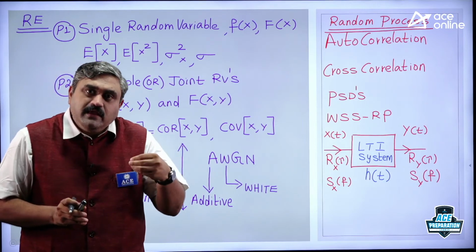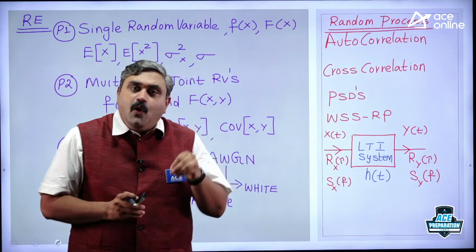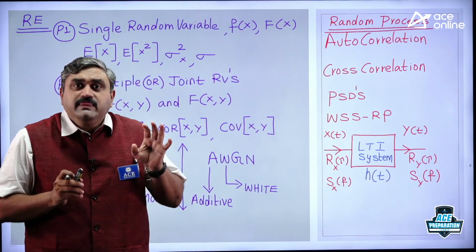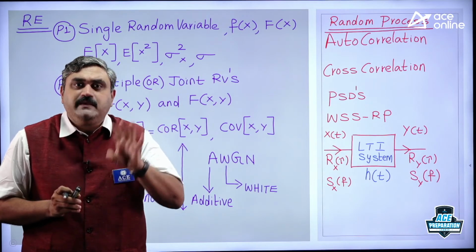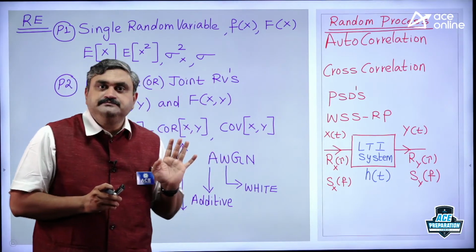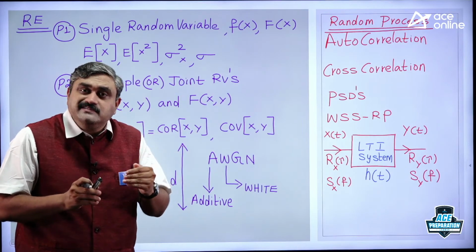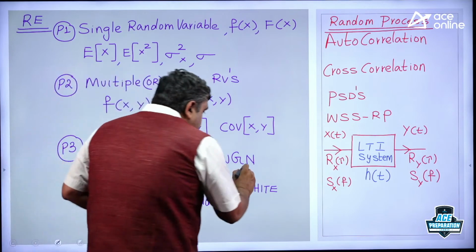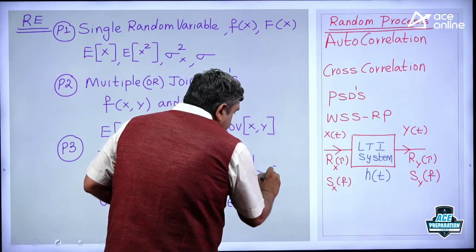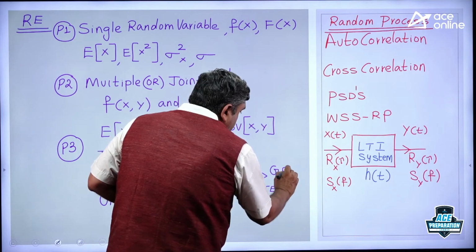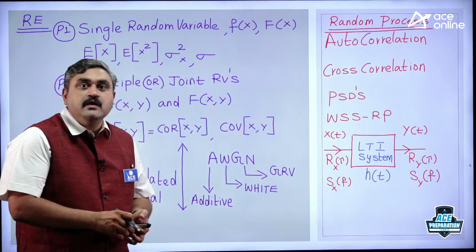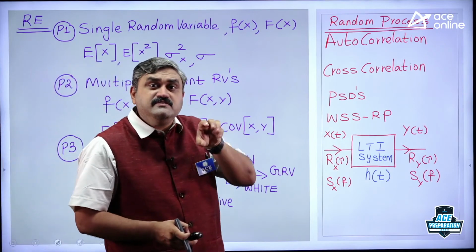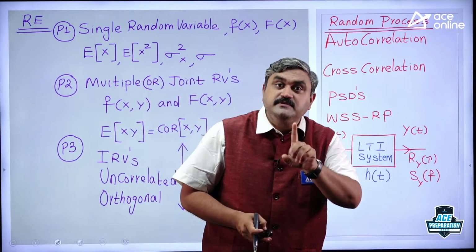Whether it gets added to a low frequency signal or a high frequency signal or any type of signal, the effect of noise on that signal is the same. That is the meaning of white. Its power spectral density is constant for all frequencies. And finally Gaussian noise: you are using a Gaussian random variable to model the noise. So all these parts clubbed together are your engineering syllabus in one semester.